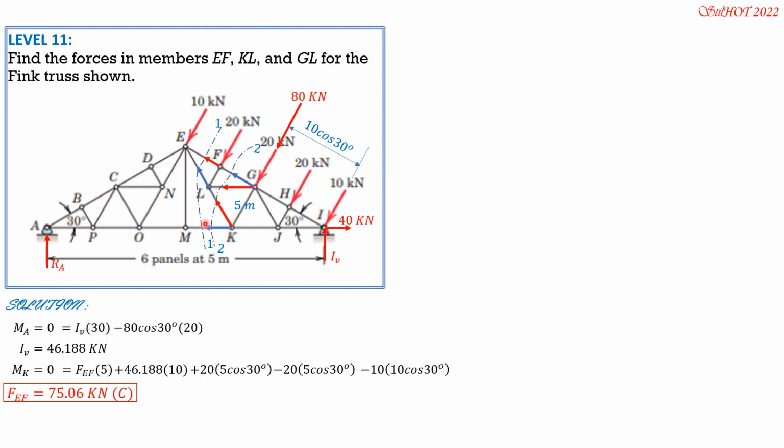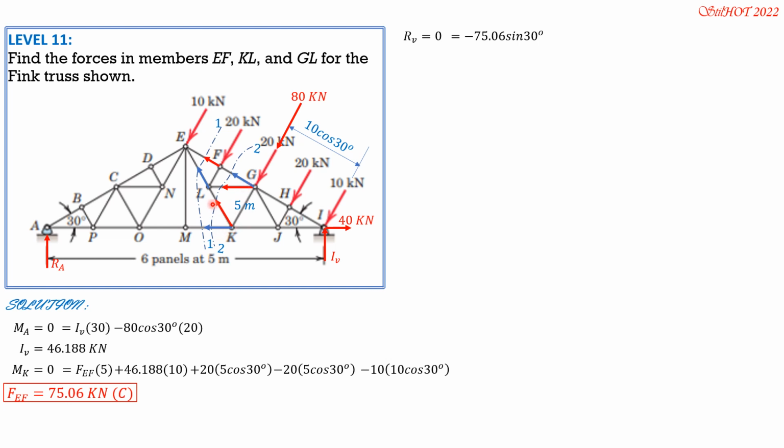So that MK, which is horizontal, and GL, which is also horizontal, are not involved in the equation, then our equation would be vertical component of resultant equals 0. So the vertical component of FFG, which is also the component of FEF, equals negative 75.06 sine of 30 because this is 30 degrees.